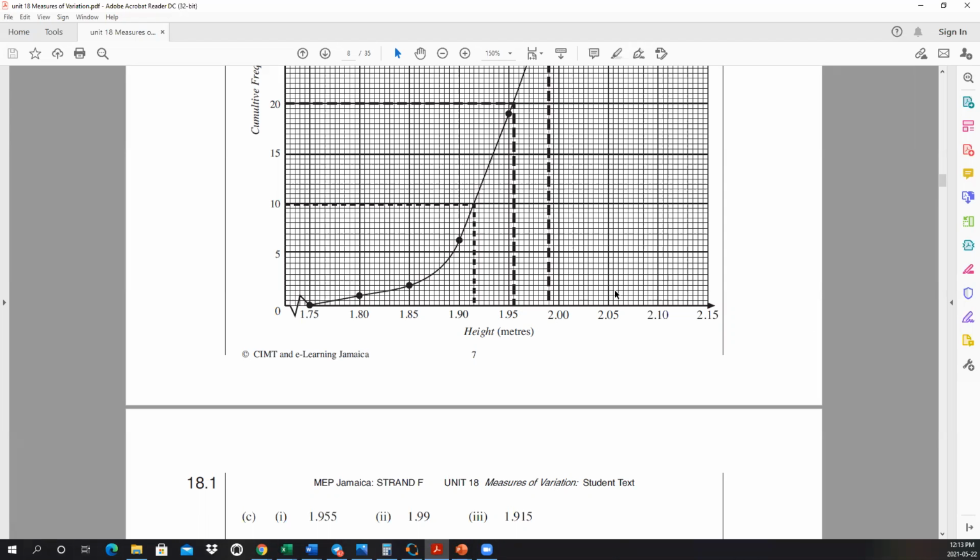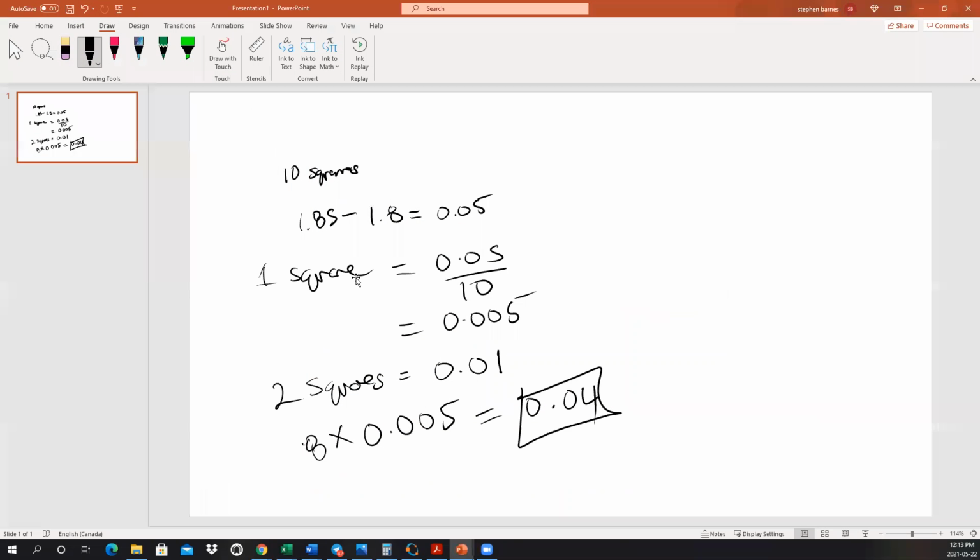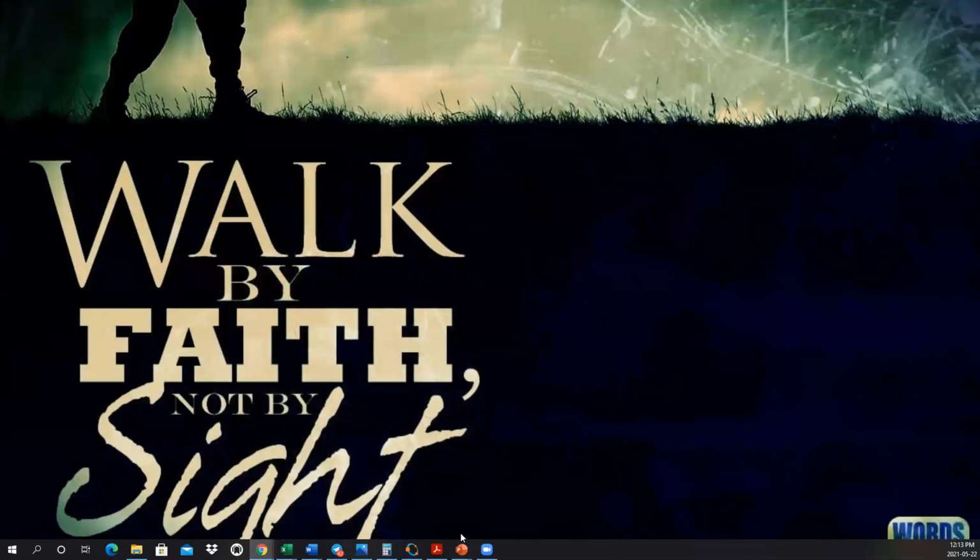But in this case, one square is 0.005. Let me make sure I check. Yeah, one square is 0.005. Usually one square would represent 0.01 or 0.001, but in this case it is 0.005. All right, so we'll move on.